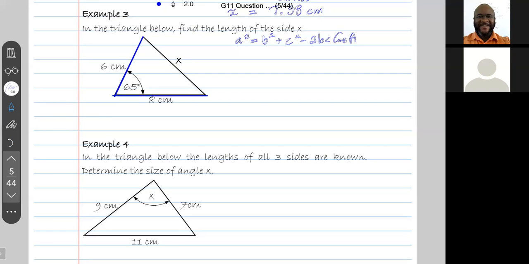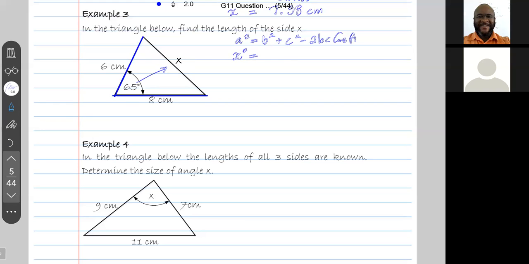Now, in the cosine rule formula, A is the side opposite the inclusive angle. The inclusive angle is 65 degrees, and the side opposite the inclusive angle is x. So in this formula, A is x. So x squared.